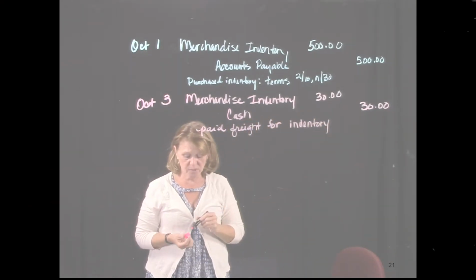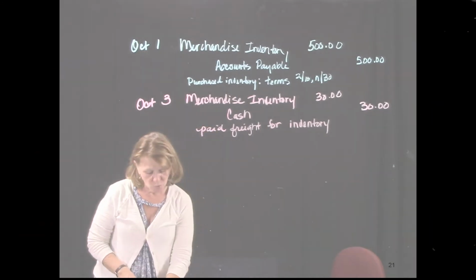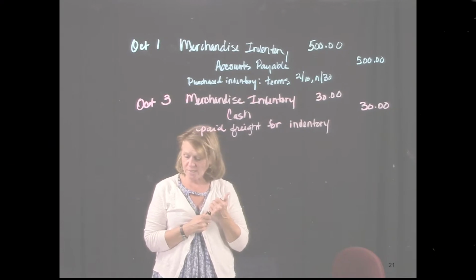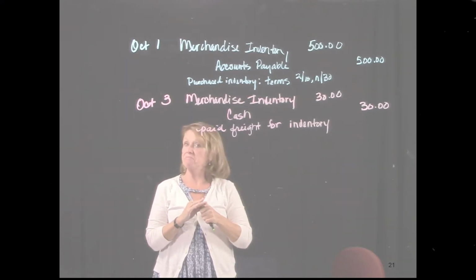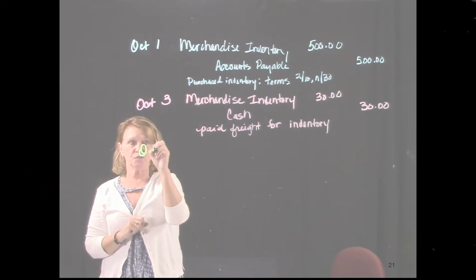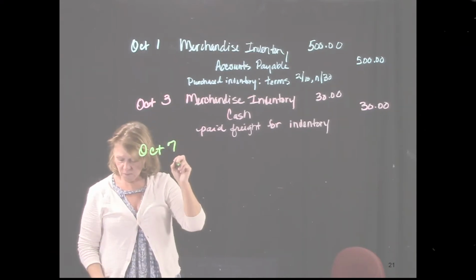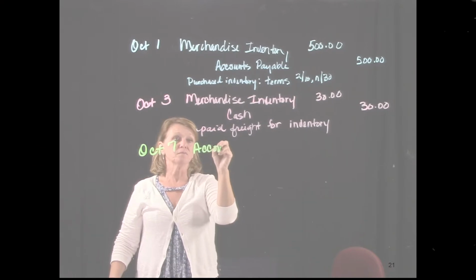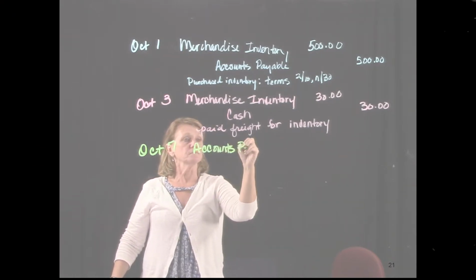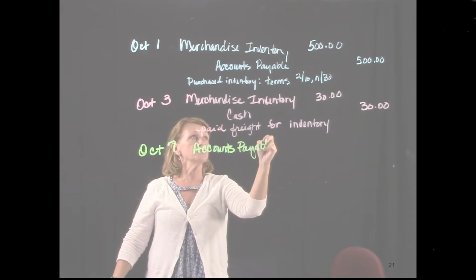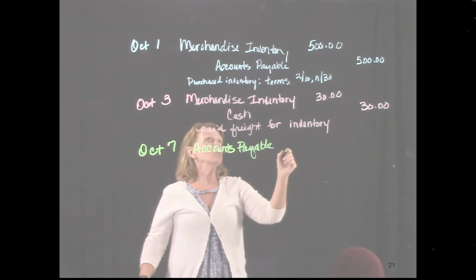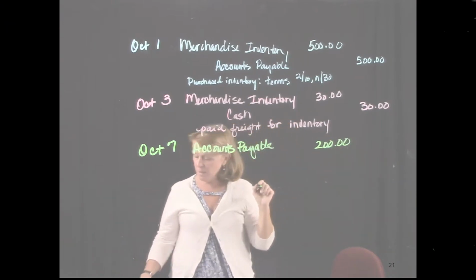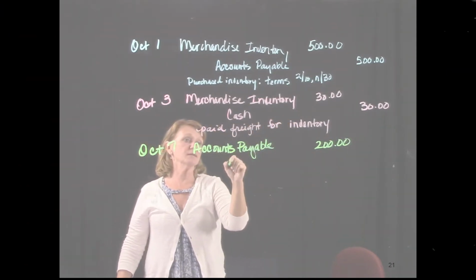On October 7th, we returned 50 defective units from the October 1 purchase and received full credit. So we're just going to write that down. On October 7th, we're going to debit accounts payable. It's a liability account that we're decreasing. So we're going to decrease it by $200. And we're also going to decrease our merchandise inventory.